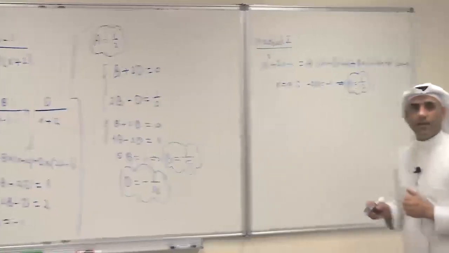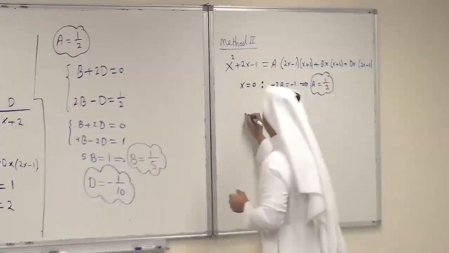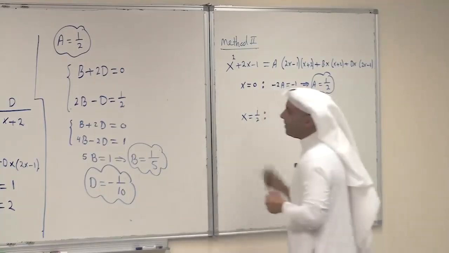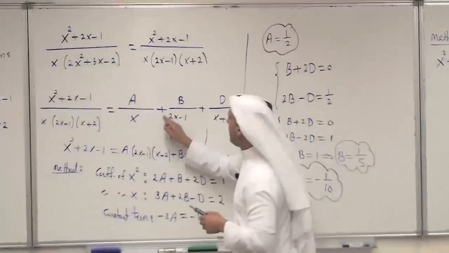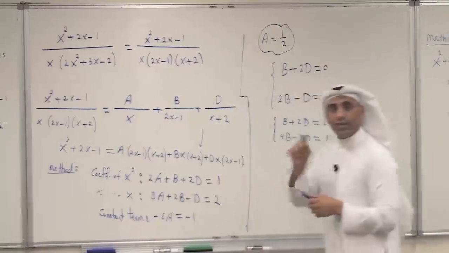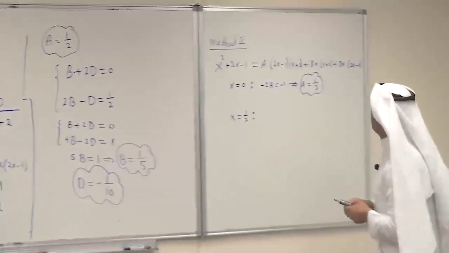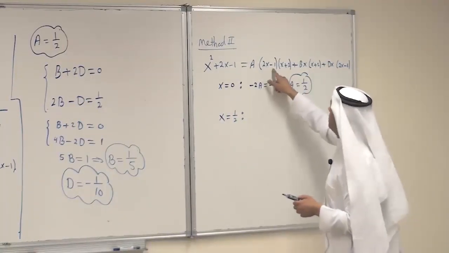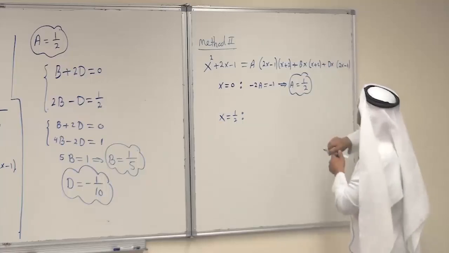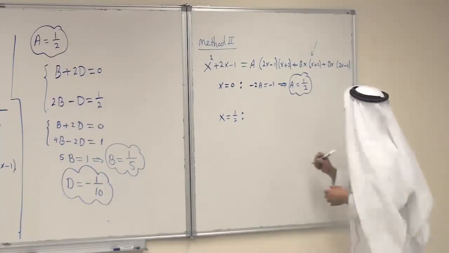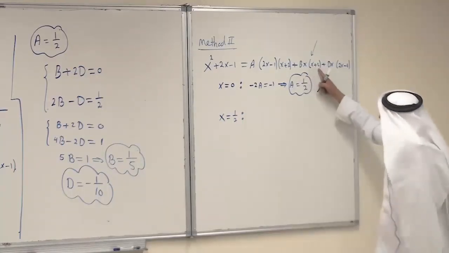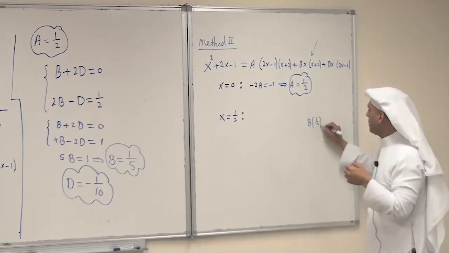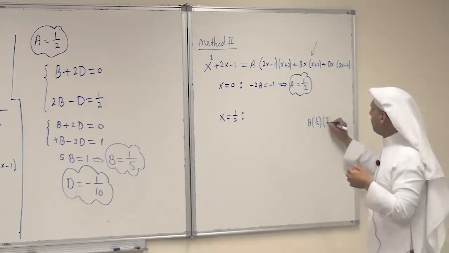Same. Second point of interest. If you substitute x equal to 1/2. Why I chose 1/2? Because it is the 0 of the second factor we have here, 2x minus 1. The 0 of it is 1/2. So x equal to 1/2, this will be 0. Why? Because this will be 1 minus 1, and this will be 0. What remains is only this. So what do we have? If you substitute 1/2, we have b times 1/2 times 1/2 plus 2, that is 5 over 2.